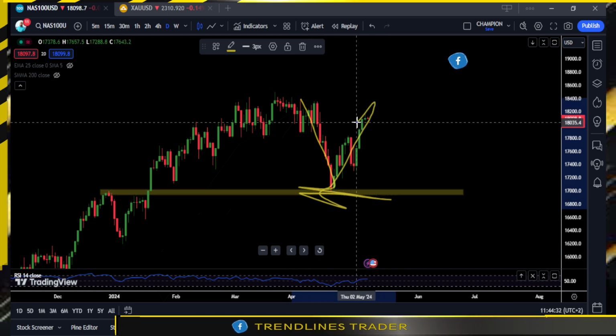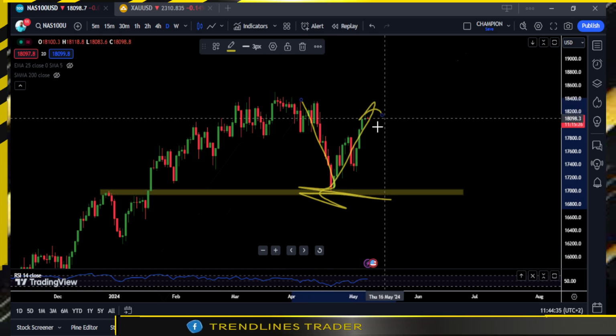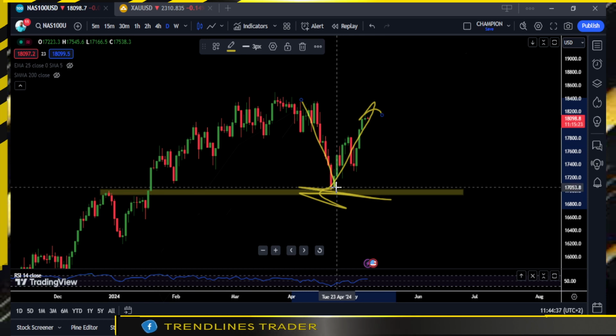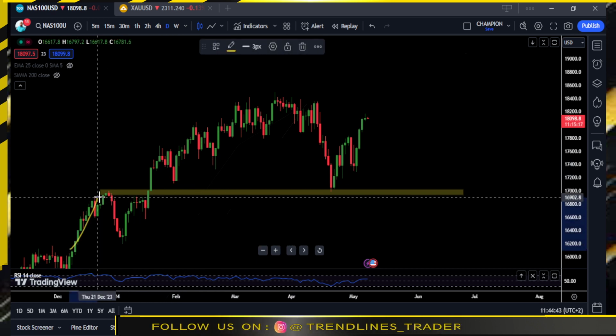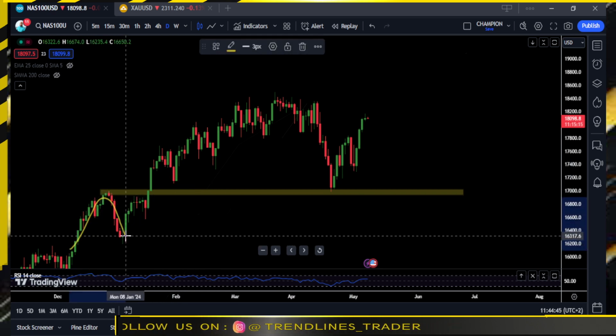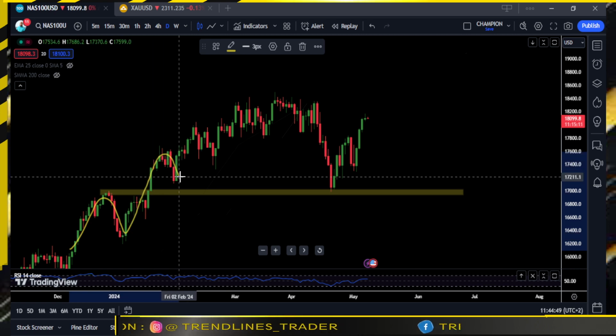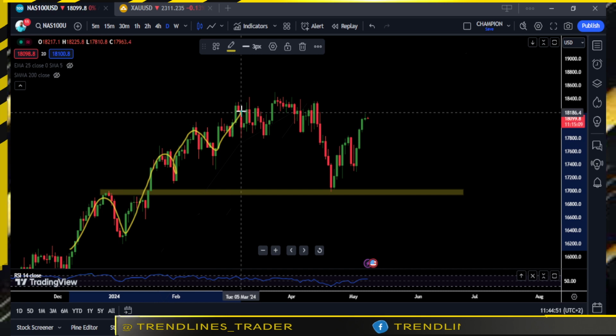Now we are pushing towards the upside. Trading is easy like that. What you know is the price will push towards the upside, relax, and push towards the upside, just like that.